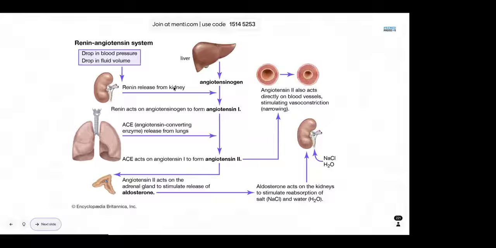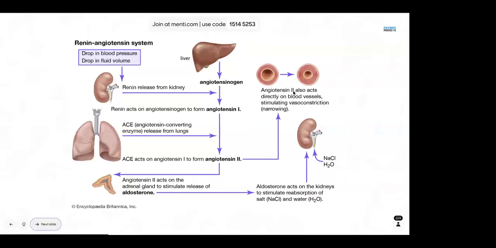Renin helps convert angiotensinogen, which is made by the liver, to angiotensin 1. Then angiotensin 1 circulates in the bloodstream, and in the lungs you have an enzyme called ACE, which is angiotensin converting enzyme, and that converts angiotensin 1 to the active form, which is called angiotensin 2.